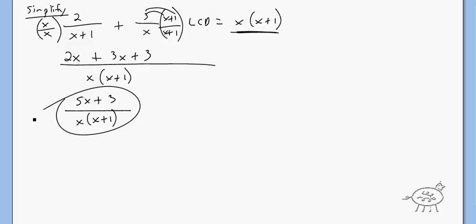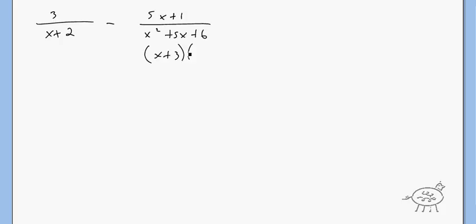All right, let's try another one. 3 over x plus 2 minus 5x plus 1 over x squared plus 5x plus 6. Okay, step number 1, factor the denominator. So that factors to x plus 3, x plus 2. Now you got to find your LCD.